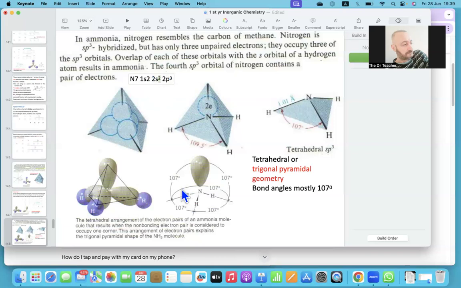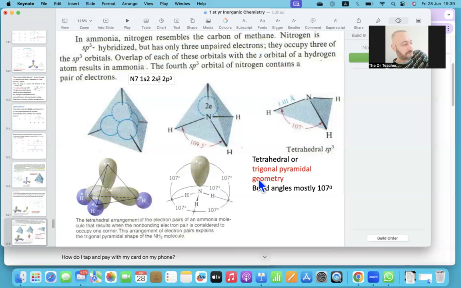The best structure, with good repulsion between the bonding orbitals, is tetrahedral, with the lone pair at the top, whereas the base is NH, NH, NH. So 107 degrees is good for this arrangement.